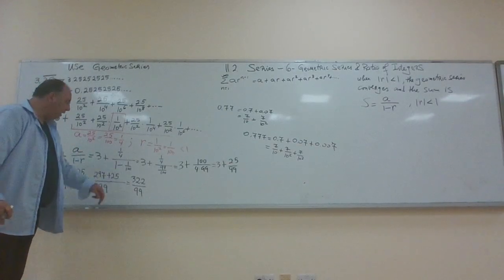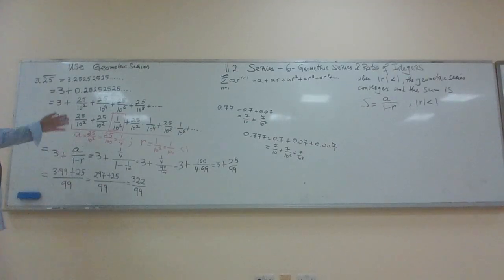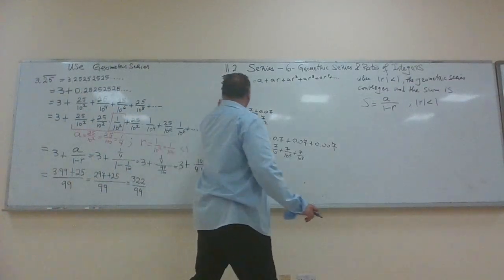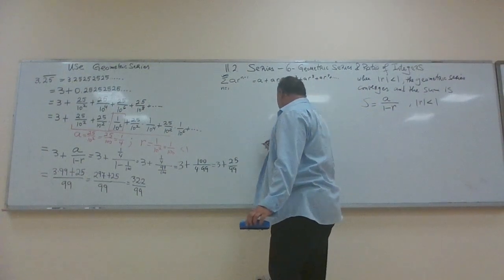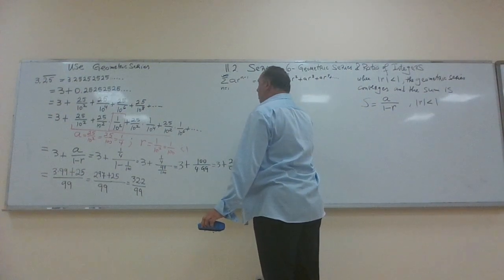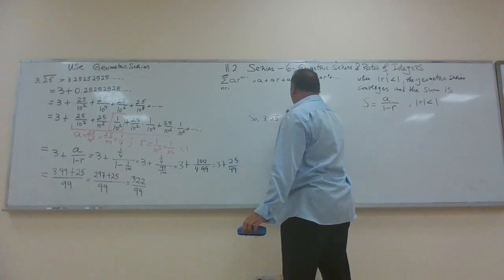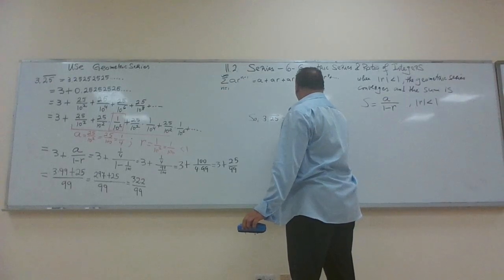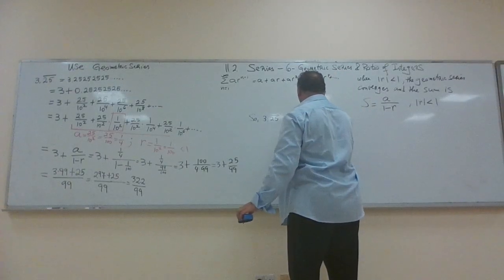Now sometimes we are able to simplify things. If we keep simplifying, it's fine. If not, we keep the number as is. So in this case, finally, we can say that 3.25 repeated is equal to 322, obviously we don't make any errors, divided by 99.